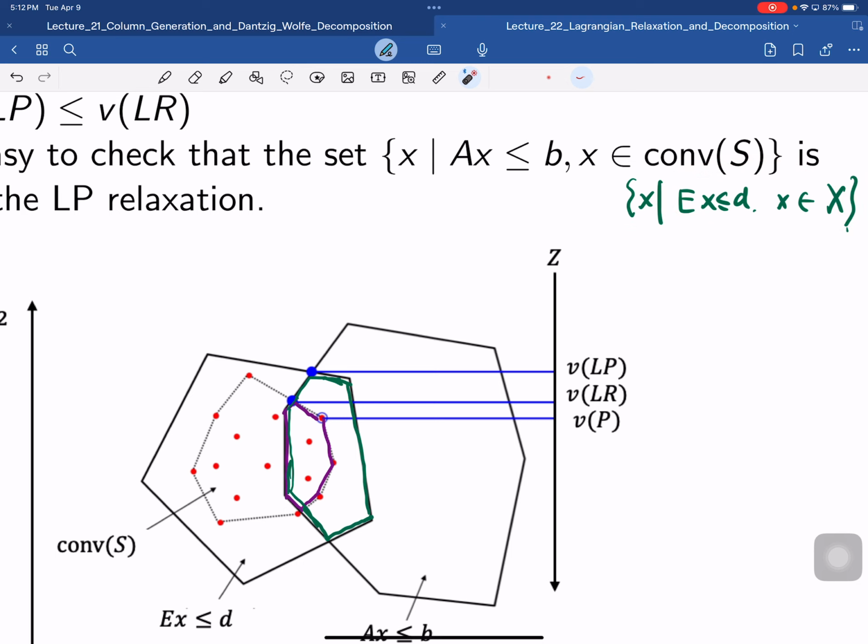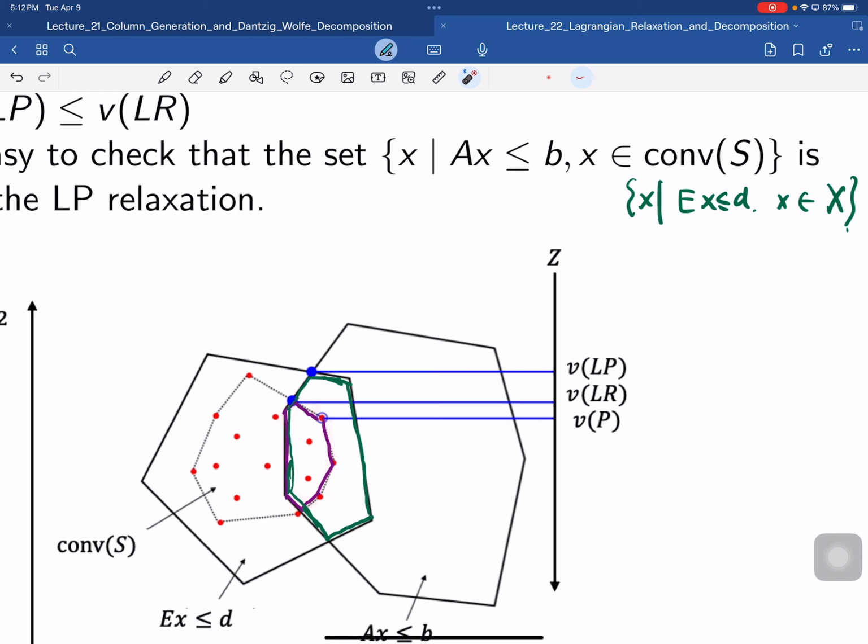The linear constraints give this polyhedral set here, and I'm taking the convex hull of the integer points in the left polyhedral set only, which is this region here. And this region intersected with Ax less than or equal to B is this purple region I drew here.